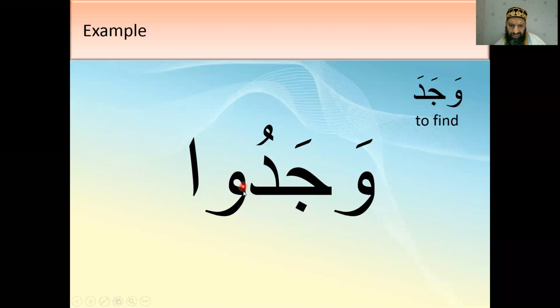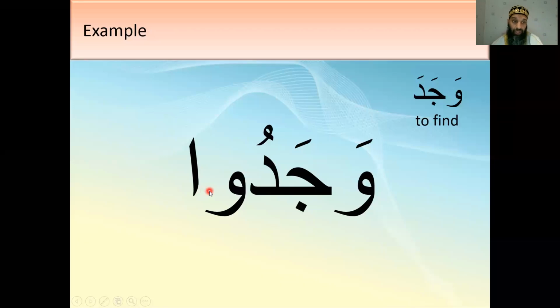The waw forces that one to become a dhamma. So wajadu it will be. They all found. Kafaru, they all disbelieved. Zalamu, they all oppressed. Qatalu, they all killed. Razaqu, they all provided. The u makes it into they all did that verb.